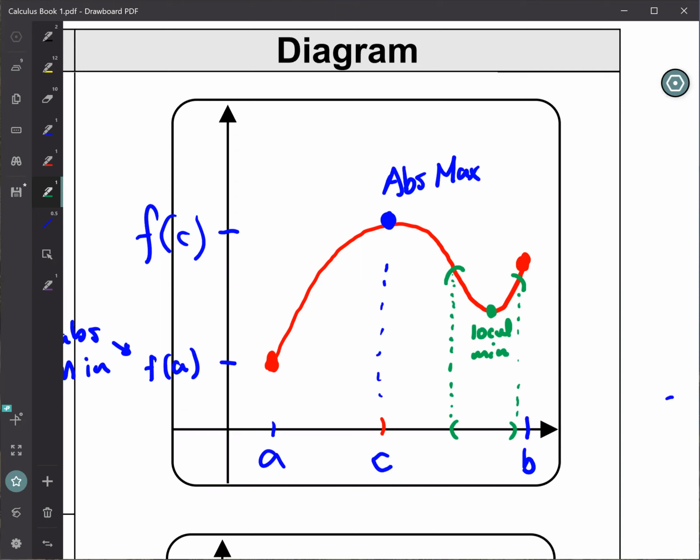Do we have any local max in this graph? Anyone? Do we have any local max? No. No local max. There's no other interval that I can make.